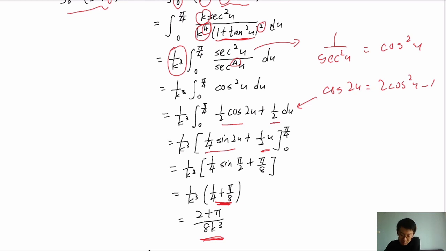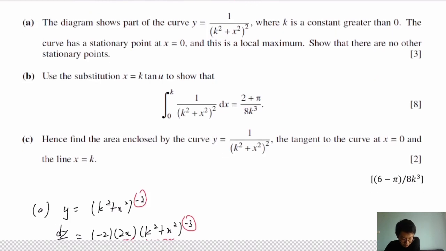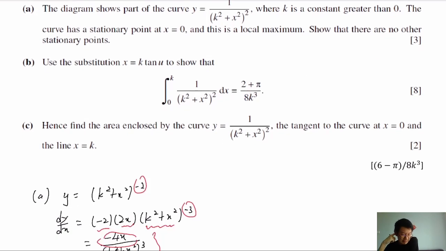If we look at the question for part 3 again: hence find the area enclosed by the curve y equals this one, the tangent to the curve at x equals 0, and the line x equals k.